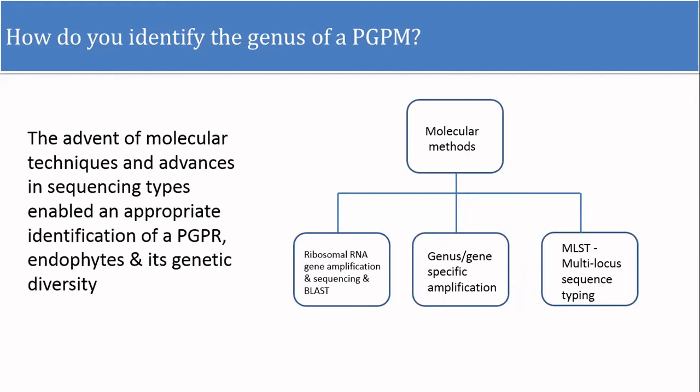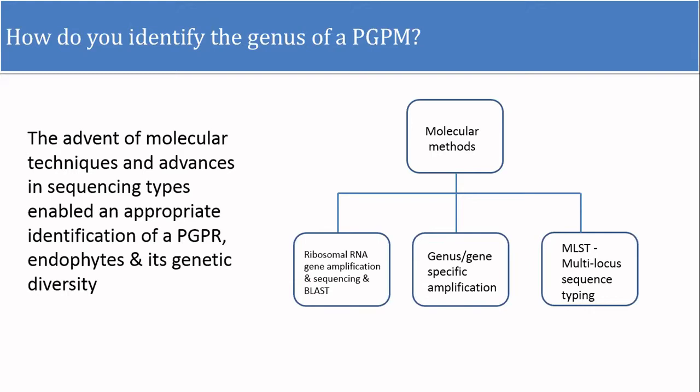Because of the wide diversity of microorganisms, even in molecular methods using ribosomal RNA genes, though they have variations, as well as using the ITS, which also has variations, we may still not be able to identify them at the subspecies level. In that case, we can go for multi-locus sequence typing.